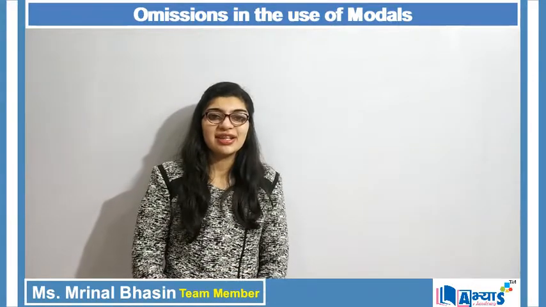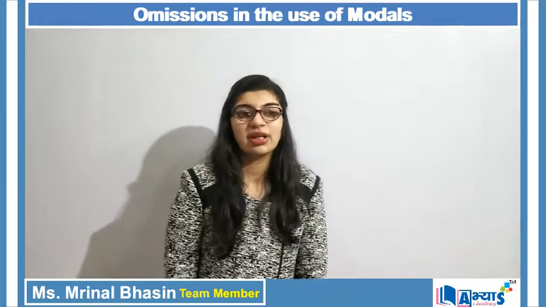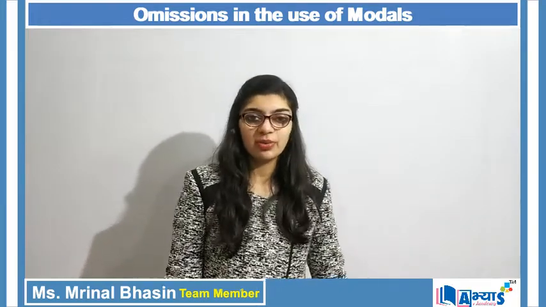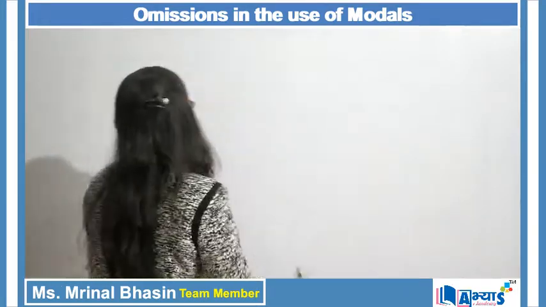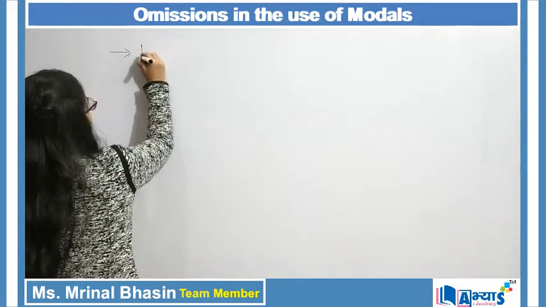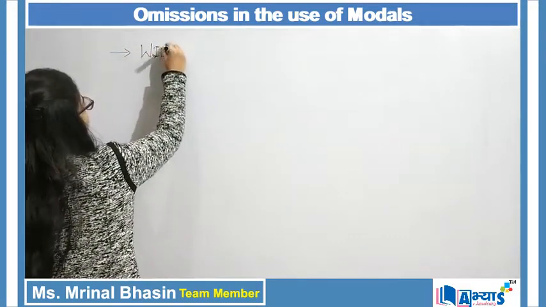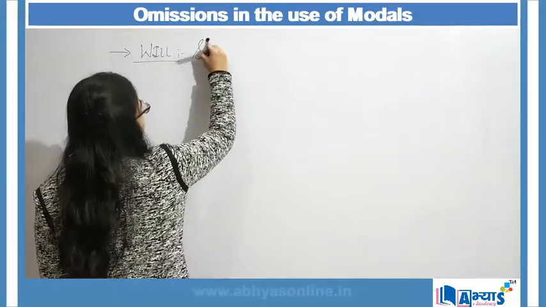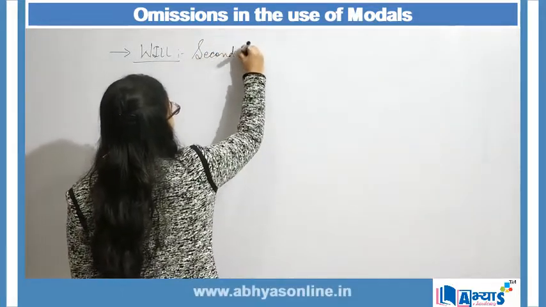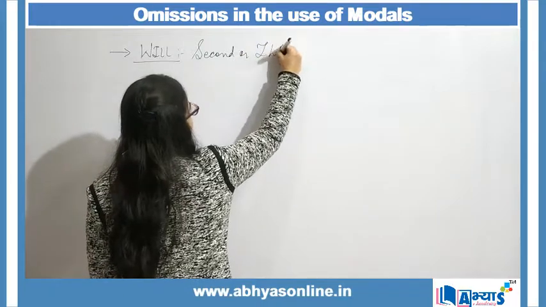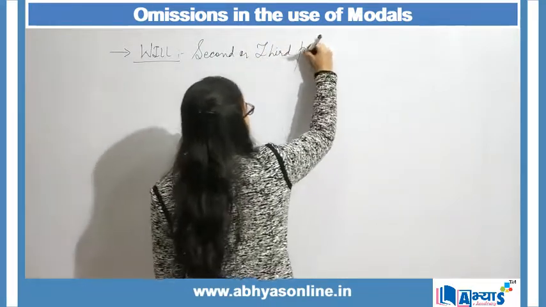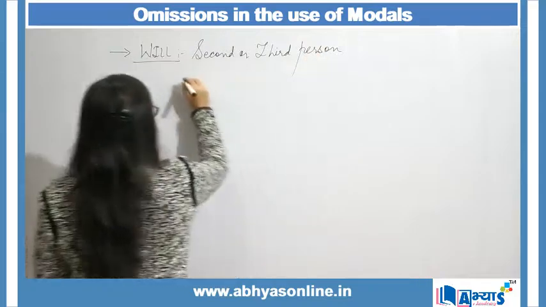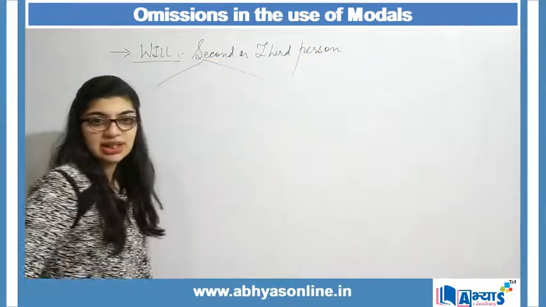So now let us understand more about omissions. The next modal which we will be talking about is will. Now will, when used with second or third person, represents two things.